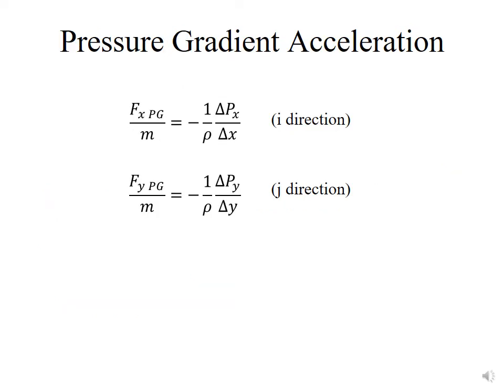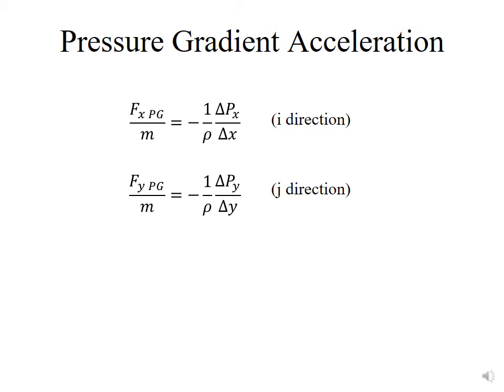So let's take a look at the pressure gradient acceleration first. So the top term, F_x from the pressure gradient divided by mass, is the acceleration in the east-west direction, also known as the I direction, and it's equal to minus 1 over the density of the air times the pressure gradient, the delta P over delta x.